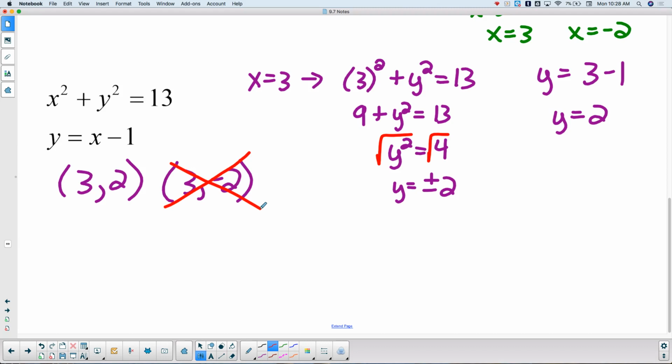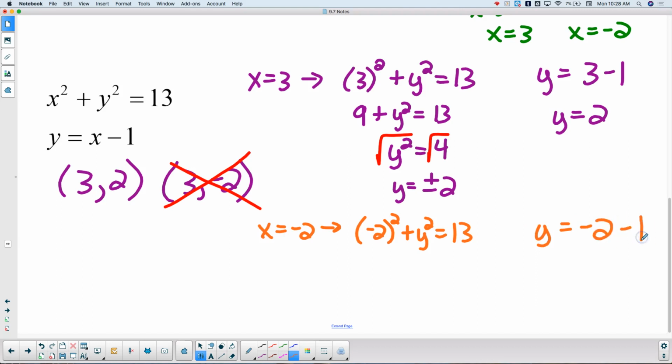Okay? Now I've got to do that exact same thing, but now with x equals negative 2. So now I get negative 2 quantity squared plus y squared equals 13, and I get y equals negative 2 minus 1. Negative 2 squared is 4, plus y squared is 13.